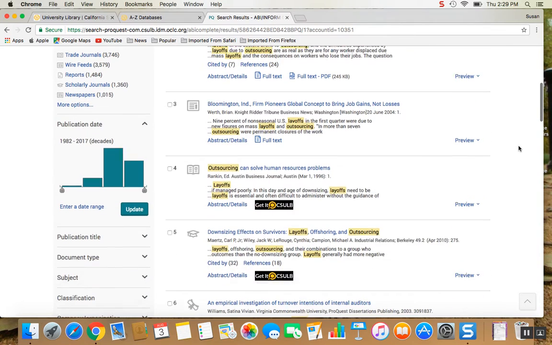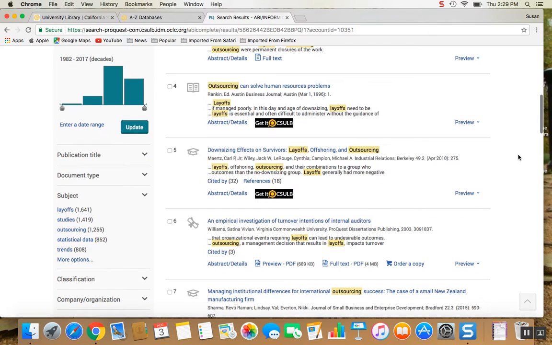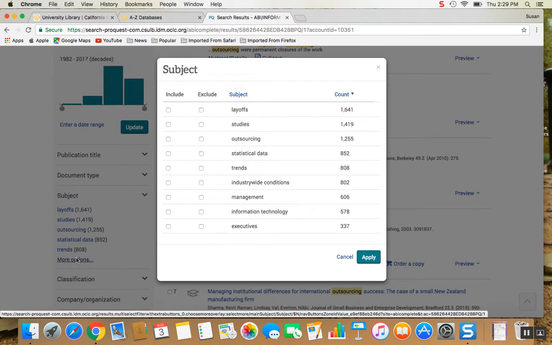And if you page down, you can see that on the left-hand side, there's a subject heading, and if you click on it, you'll see a list of subject terms. And if you click on more options, you get this nice box, just like we kind of saw in Business Source Premier, of all the different terms.